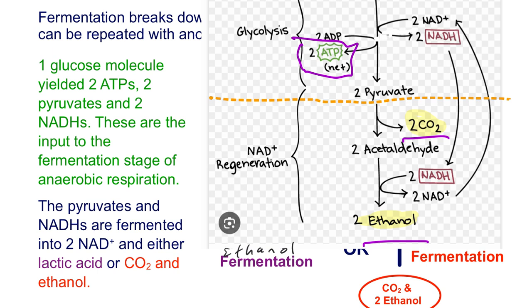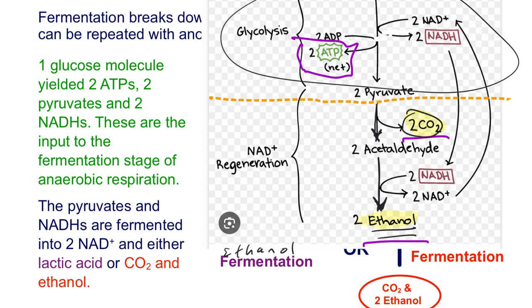Okay, so the first step is the same. Glycolysis, same. Now, what happens, instead of making lactic acid, the pyruvate is eventually turned into ethanol, which is drinking alcohol. Carbon dioxide is also produced as a waste product.